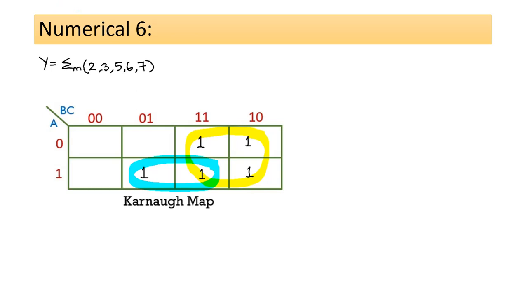So if you see the result, it will be y is equal to A bar plus A is common, so this will be equal to variable B plus, in this case, A is common and you have C that is common. So the end result will be B plus AC.